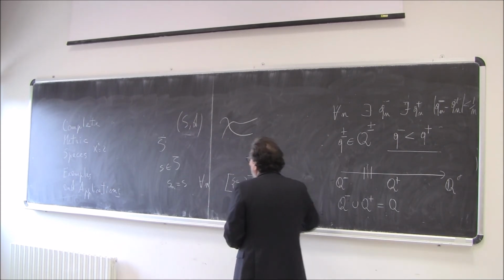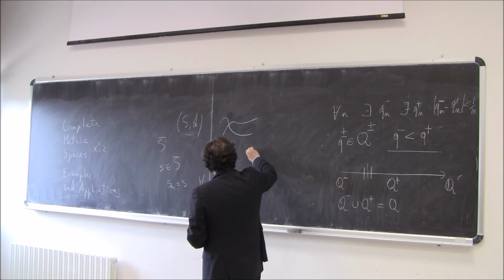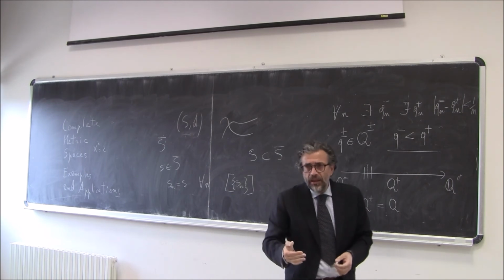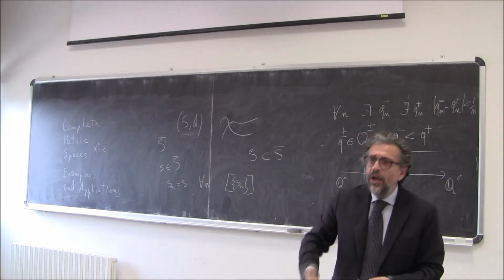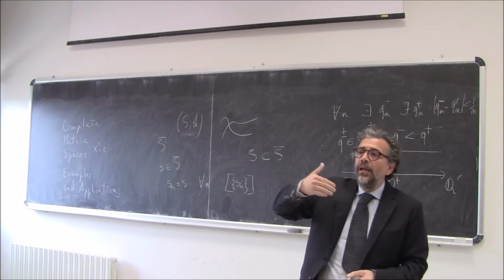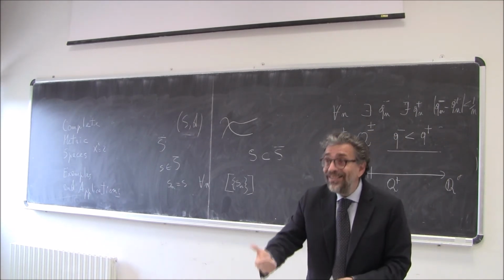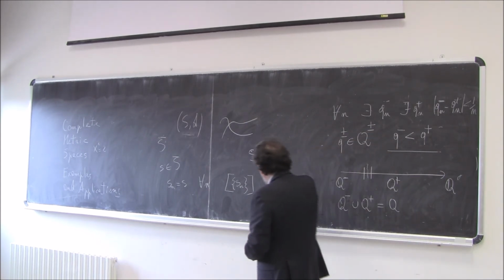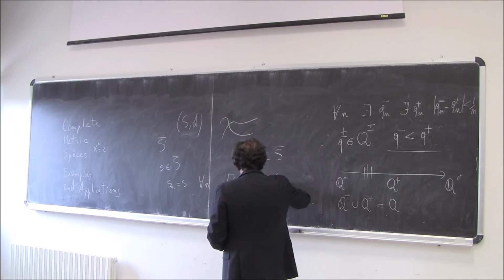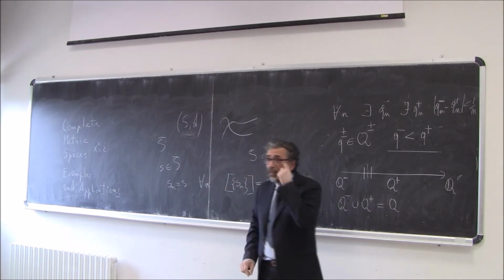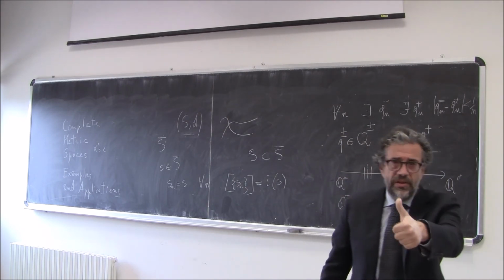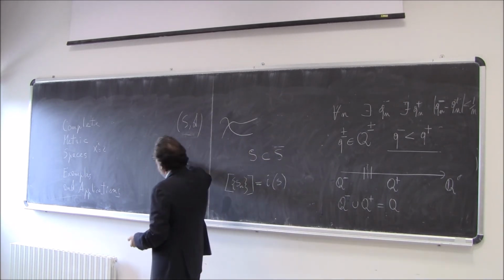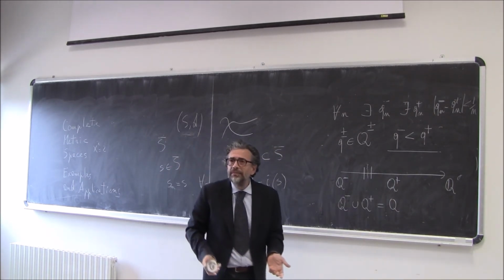So, I am embedding S inside S bar, choosing the class of equivalence of Cauchy sequences which are equivalent to the constant sequence Sn equals S. So, this is our embedding, I of S. Okay? First step. Then we must build the metric inside S bar.